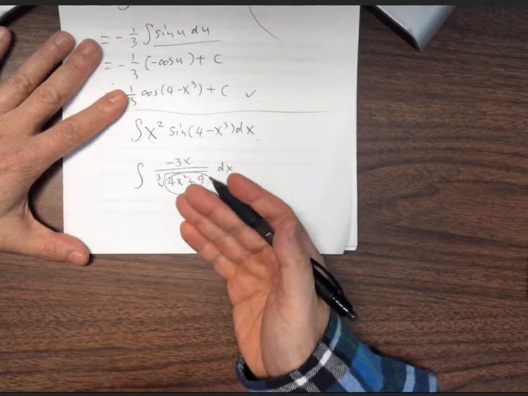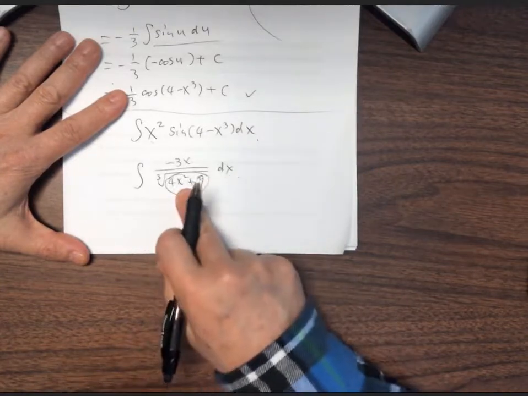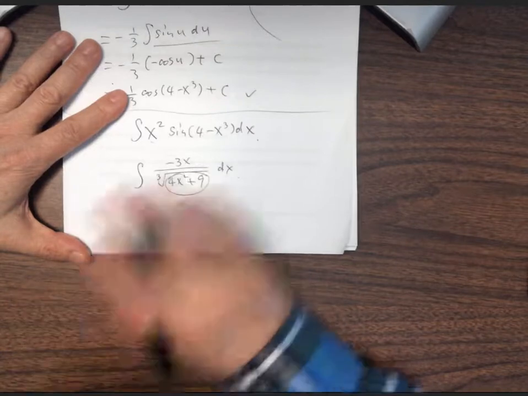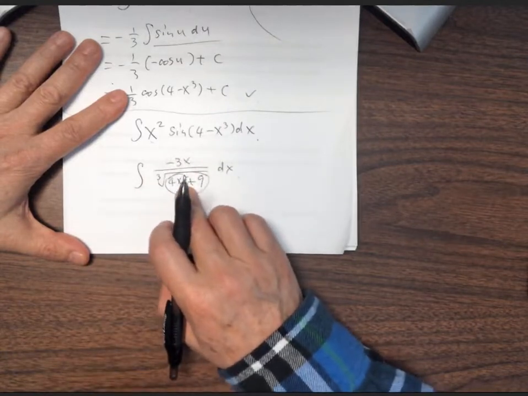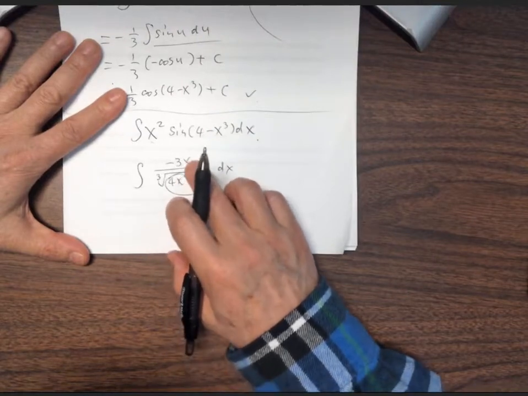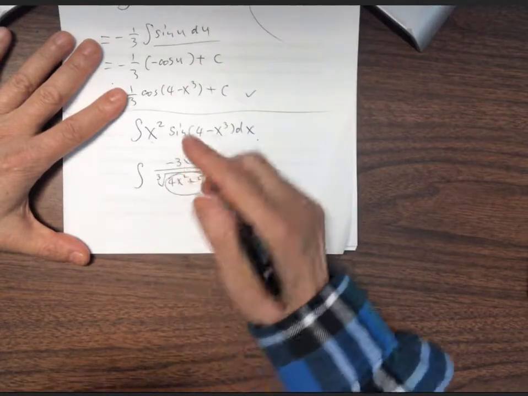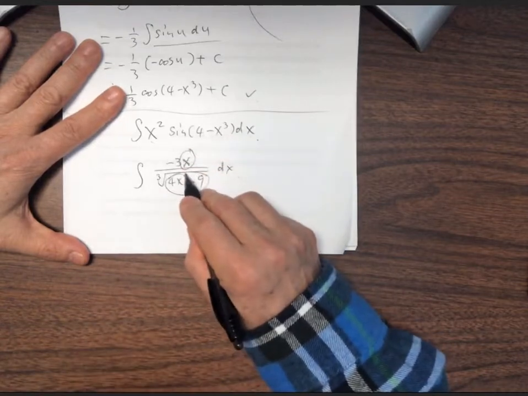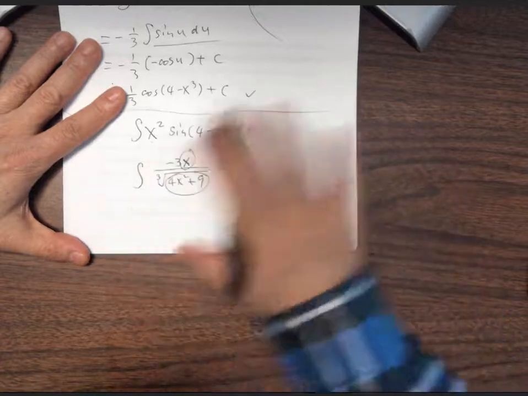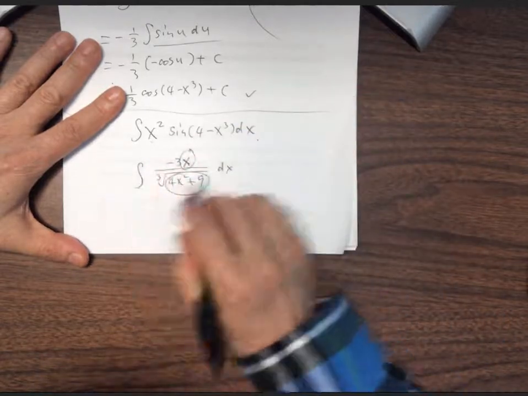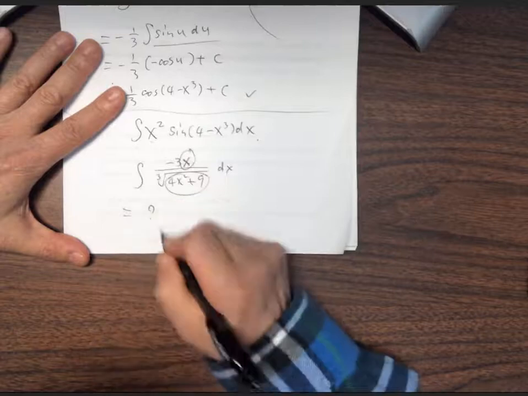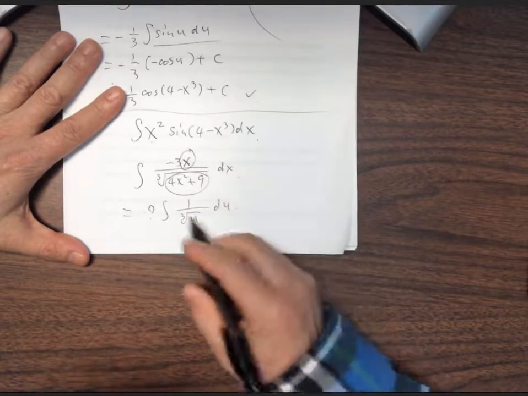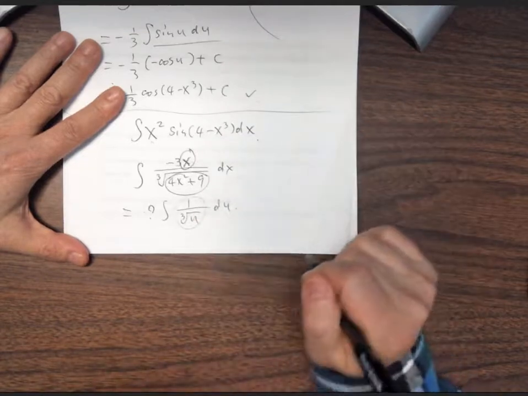Well, let's differentiate. If we differentiate this u, we get a times x. A is a constant, we don't care. X is a factor that we would really want to have to make the substitution work. And we have x right there. So we have the supporting factor. If we work it out, then this can be turned into something very easy, just some constant times a simple power that we integrate, right?